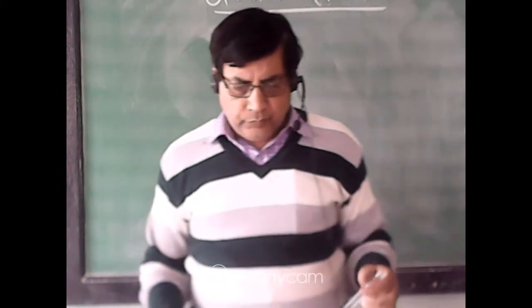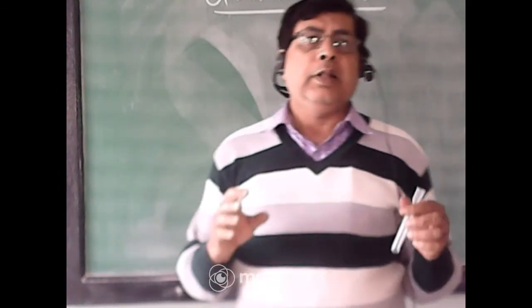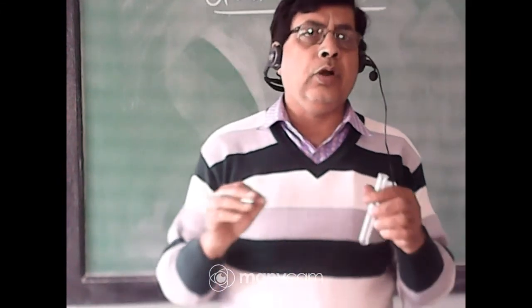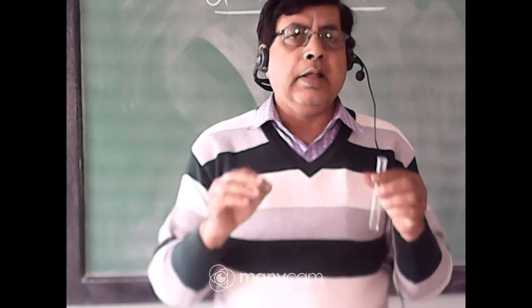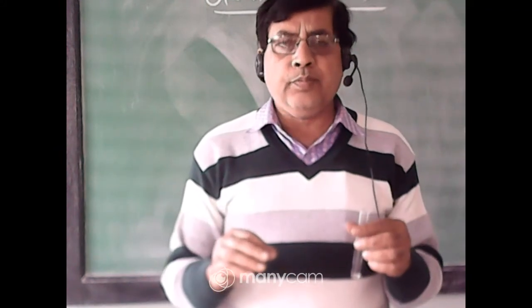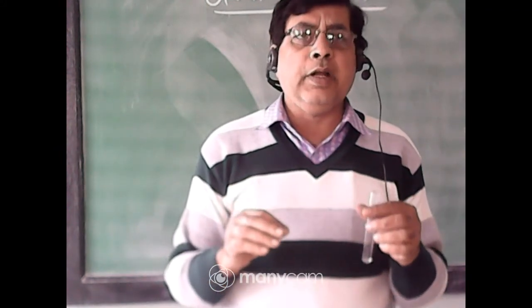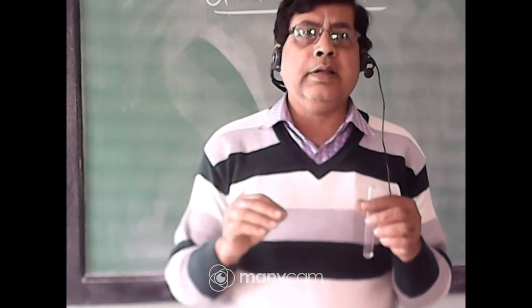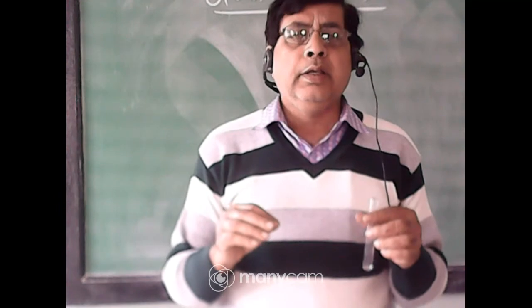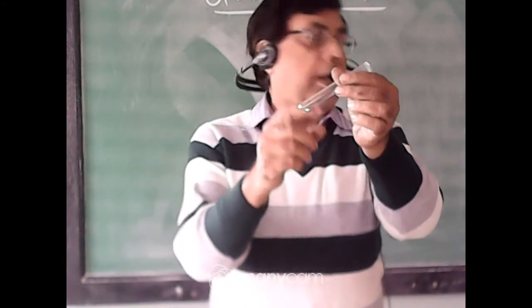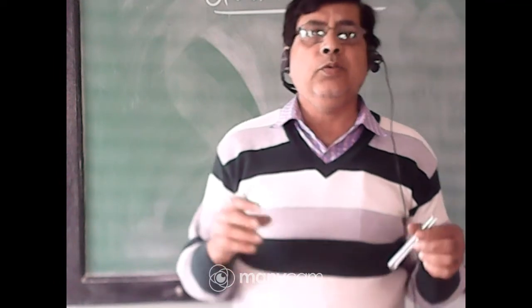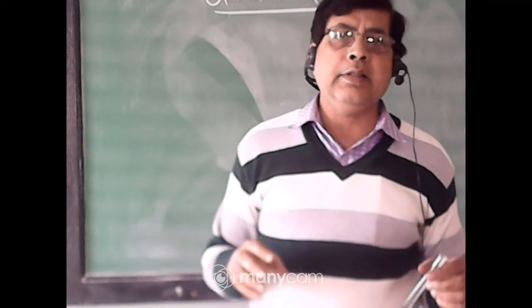Now you can perform the brown ring test. What is the brown ring test? I have shown already in the previous class that you take a small amount of sample, add freshly prepared ferrous sulfate, then add concentrated sulfuric acid slowly. If a brown ring is formed at the junction, then it is nitrate, or if no ring is formed, then nitrate is absent.